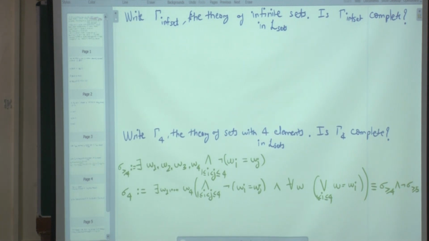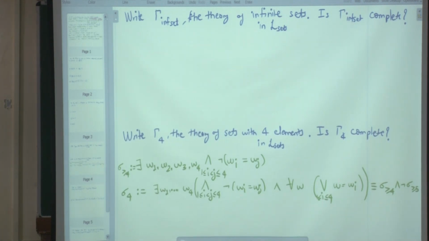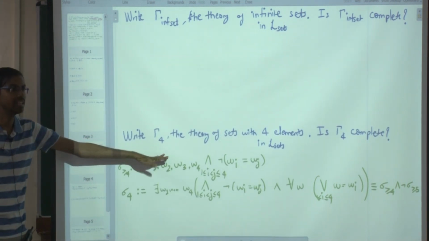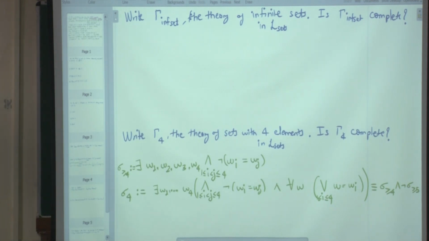And because any 2 sets with 4 elements are in bijection with each other, they are isomorphic. Bijections are structure isomorphisms in L sets, because there is no structure to preserve. So because any 2 structures are isomorphic, they are also elementarily equivalent.